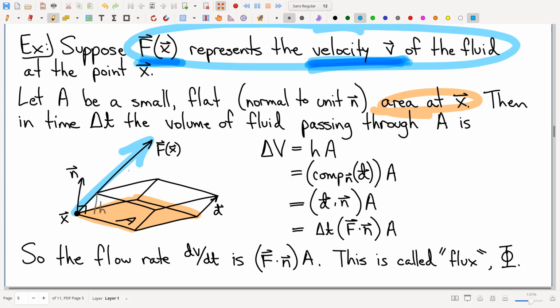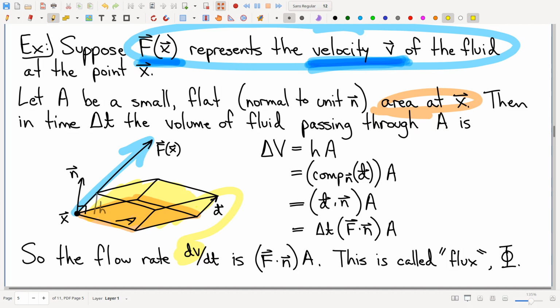If I have a screen representing a surface, and if I have a flow, I can talk about how much air is actually passing through that screen. And the way we would measure that would be in terms of volume of fluid per unit time. So it's going to depend on the area in particular.